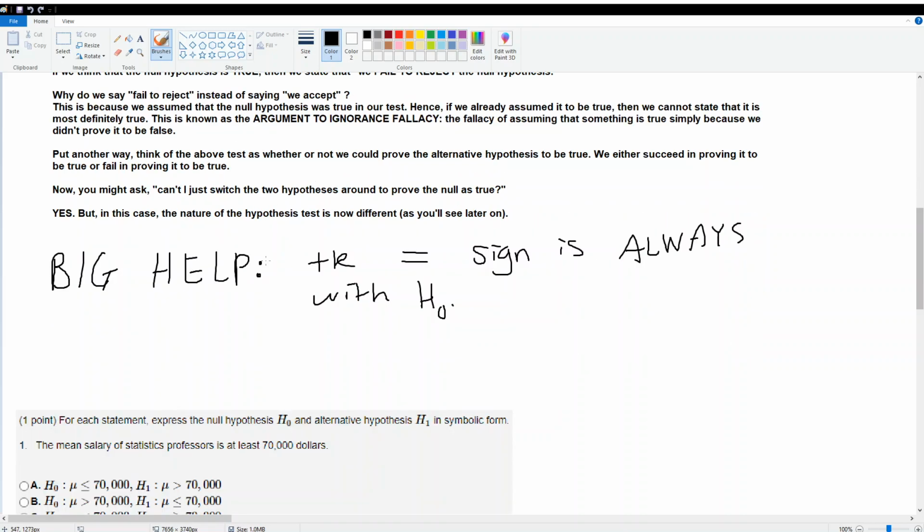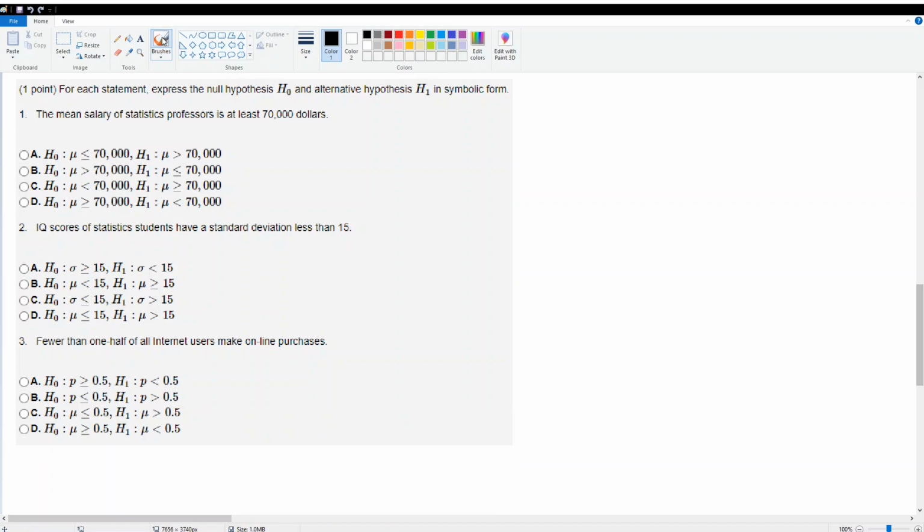So now, let's get to some examples. I'll do the first one for you, and then you'll do the next two. So, the mean salary of statistics professors is at least $70,000.